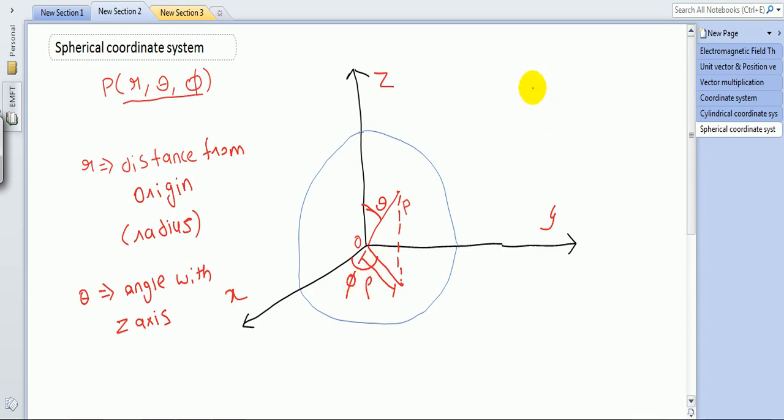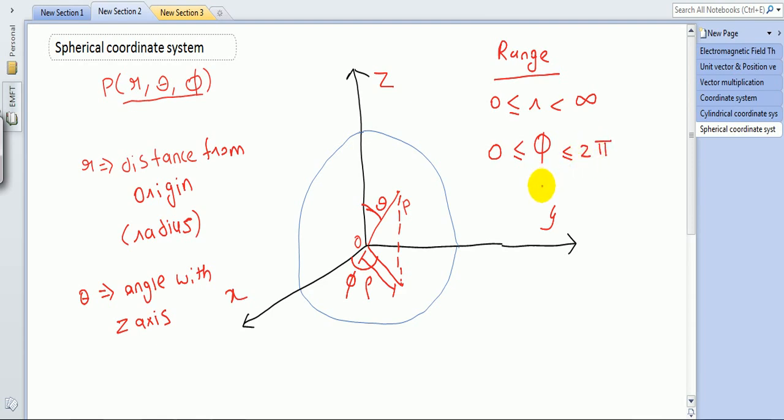Now if we see the range for all these parameters, as r is the radius, it can vary from 0 to infinity. You can imagine an infinite size sphere to cover the whole universe. Here the limits of phi will be same as in the case of the cylindrical coordinate system, that is from 0 to 2 pi.